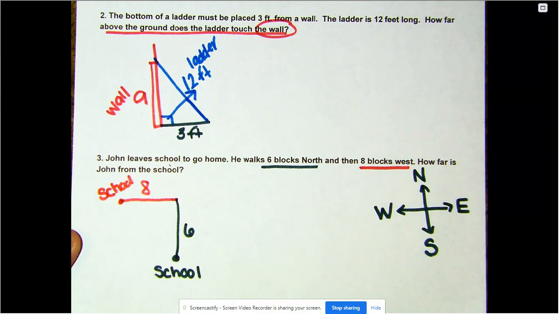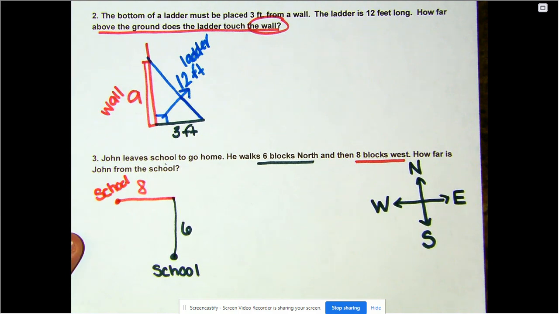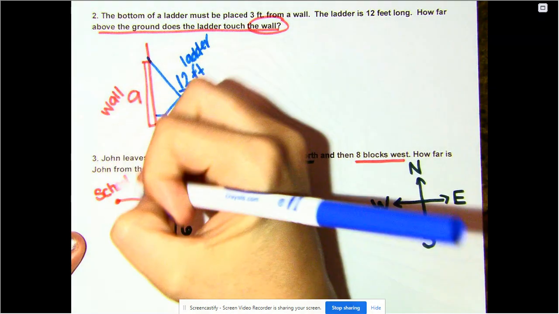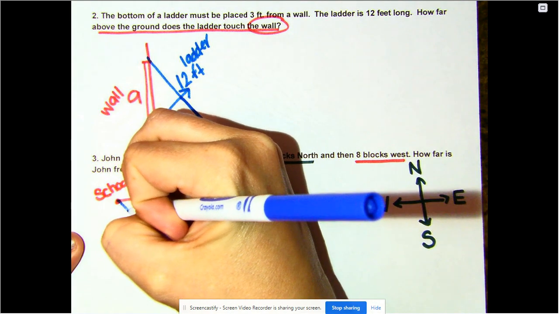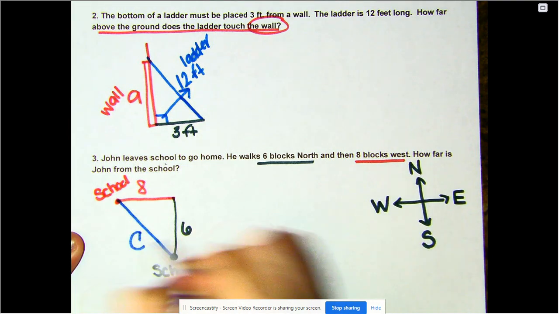How far is John from the school? To figure that out, remember from our diagonals inside the Pythagorean theorem in the coordinate plane, we realized that our shortest distance was going to be finding that diagonal. So what the question is really asking for is C, the missing side.